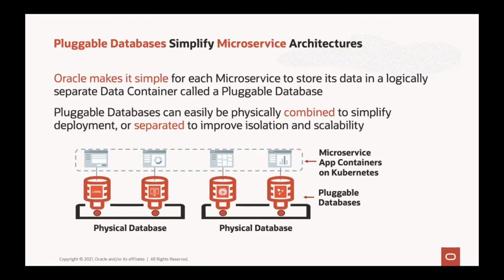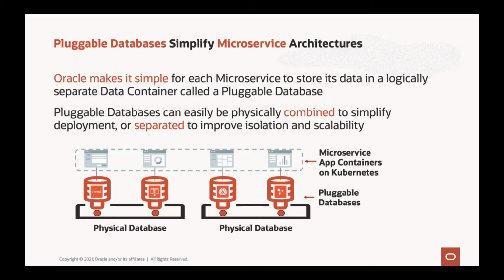So Oracle database gives you the pluggable database and the multi-tenant architecture, which can help you to individually store the data of each one of the modules in their individual pluggable database, in each one of the containers I was explaining earlier in the previous slides.